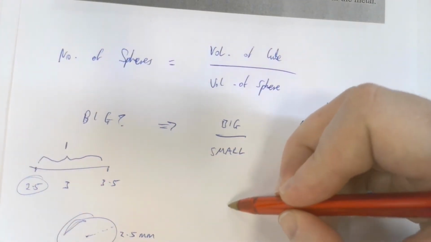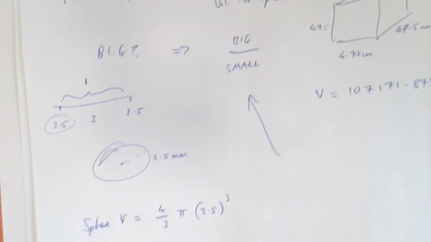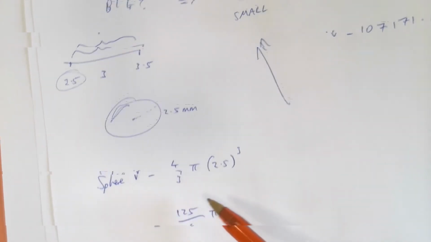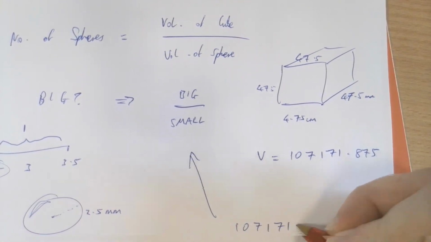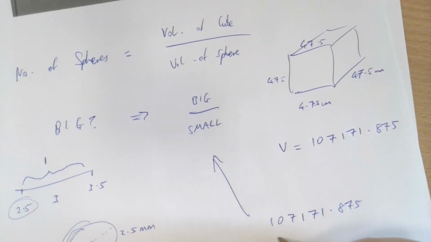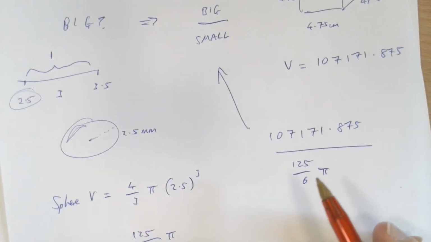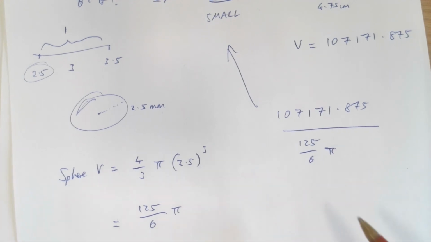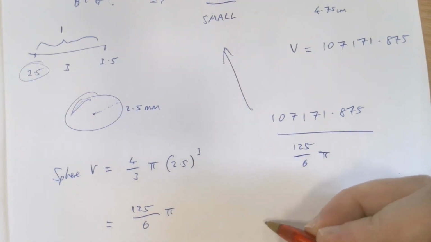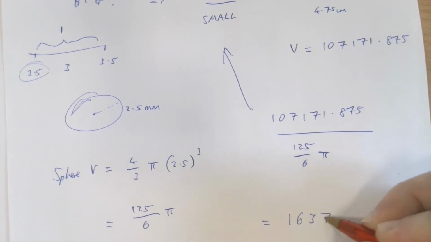Big over small, right? We know that this is the largest possible volume of the cube. We know that this is the smallest possible volume of the sphere. Let's divide them by one another. 125 over 6 pi. There's nothing wrong at all with keeping the volume of the sphere like this. It's more accurate. If I work that out on my calculator, I get the number 1,637.